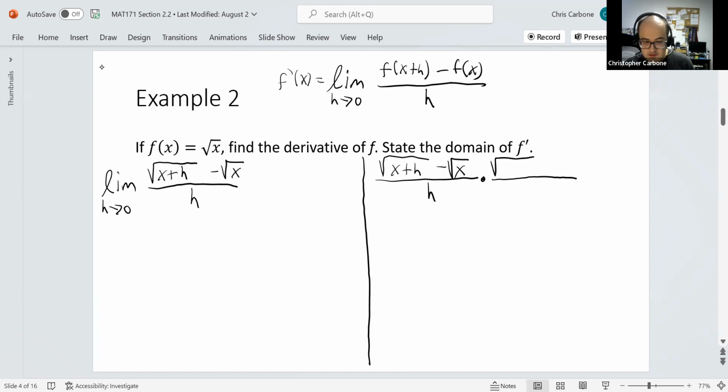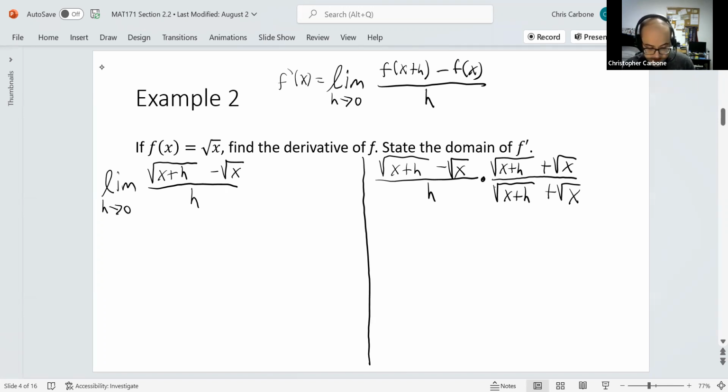So square root of x plus h plus the square root of x. And we're going to have in the denominator the same exact thing, since we'll be multiplying by the equivalent of 1. So numerator and denominator both have that square root of x plus h plus the square root of x.